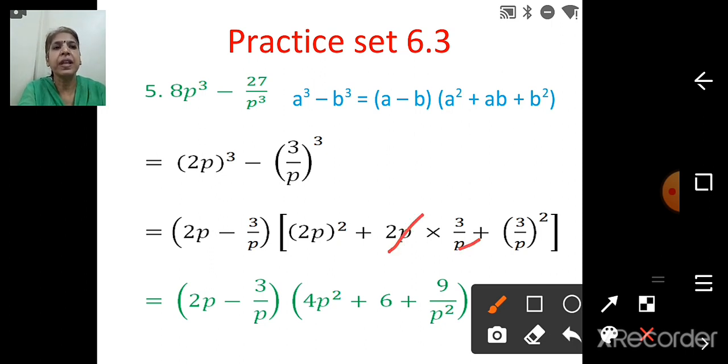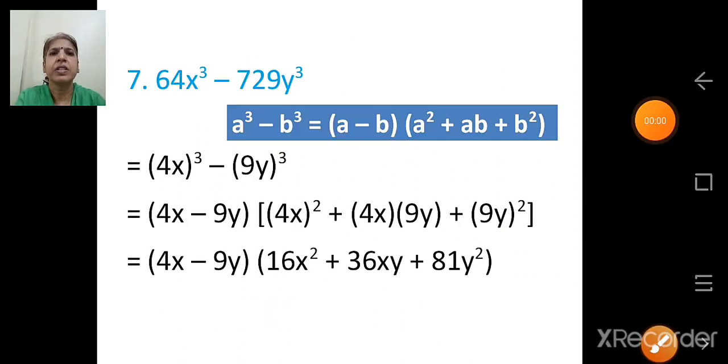So p will get cancelled, and what is remaining is 2 threes are 6, plus next term is 3 upon p the whole square, so square of 3, 9 upon p square. So these are the factors, 2p minus 3 upon p, the whole bracket multiply with 4p square plus 6 plus 9 upon p square.